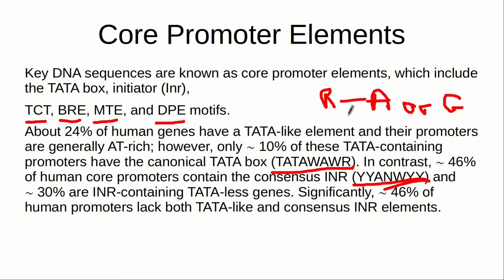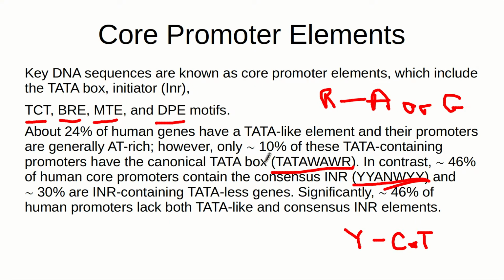You have that as a handout, but if you've forgotten. And of course, pyrimidines are Y. And that would be, if this is A and G, then these are C and T. All right, so keep that in mind. So you'll need to look for these.